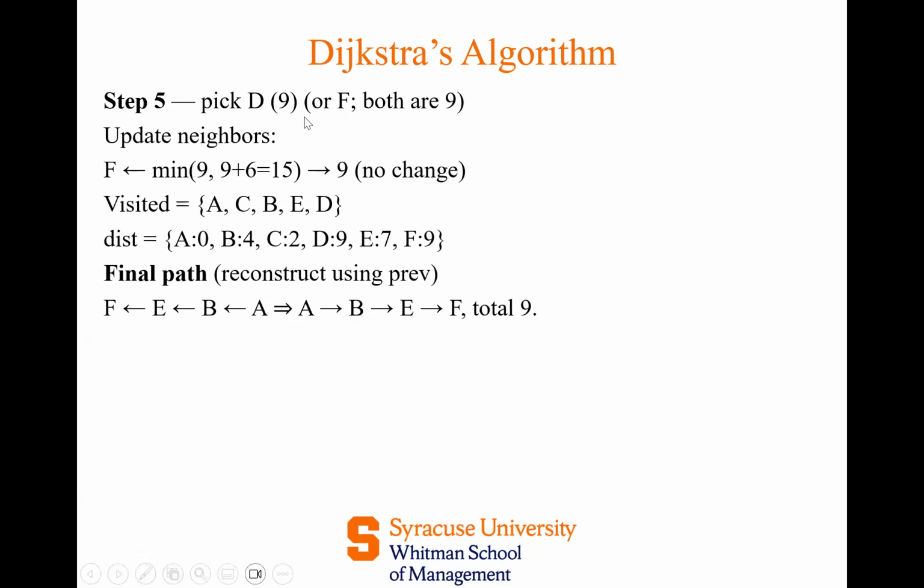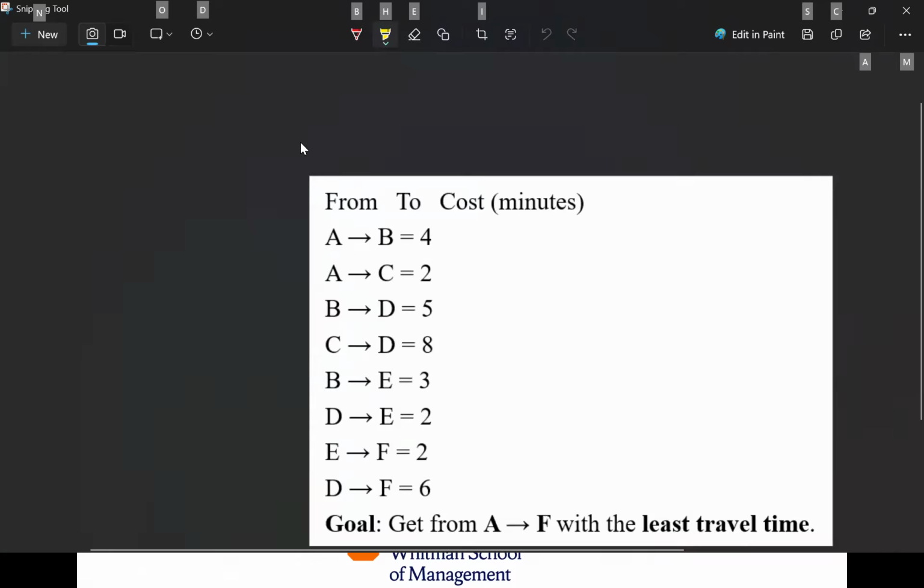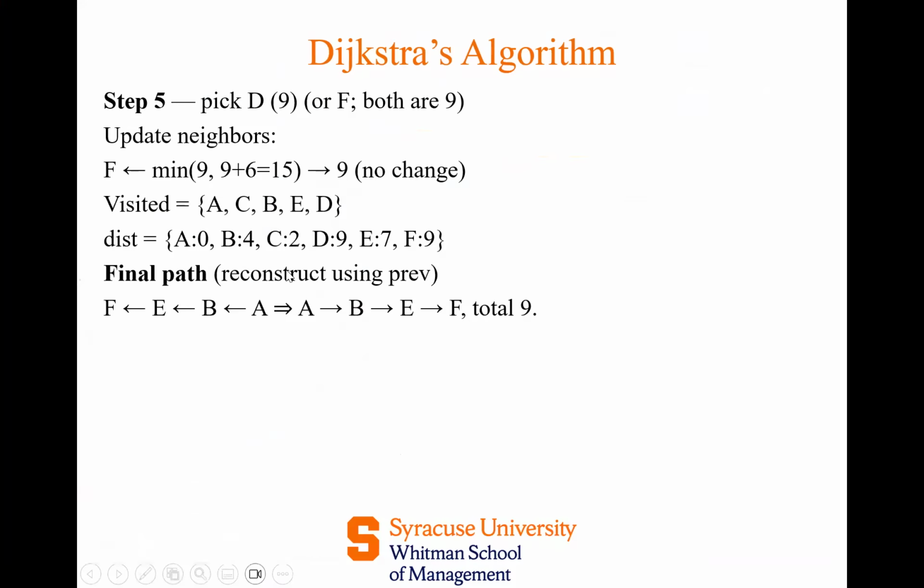So we need to update the neighbors again for D. So if you look at the D, I can go to E with 2 additional costs and F with 6 additional costs. But again, I don't care about E anymore because E is already permanent.